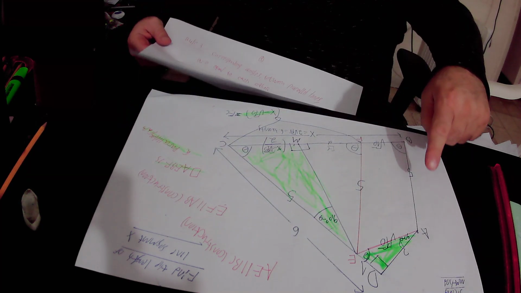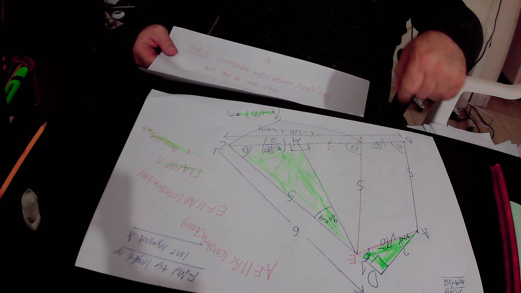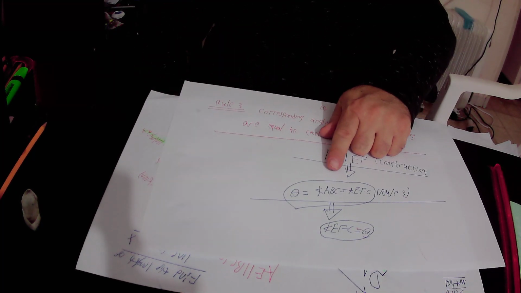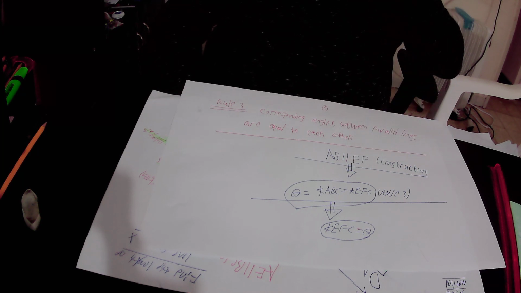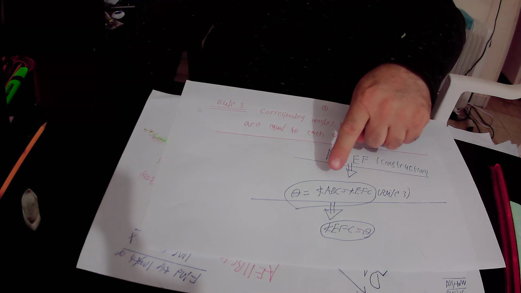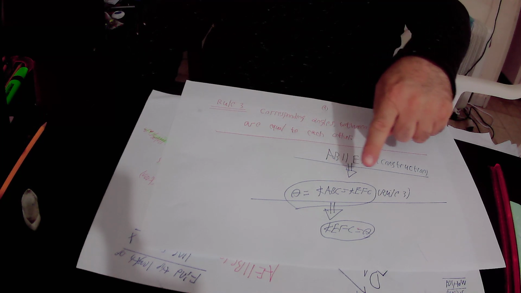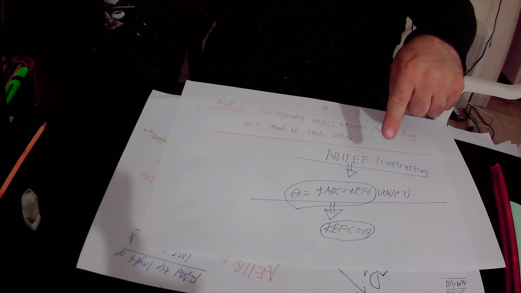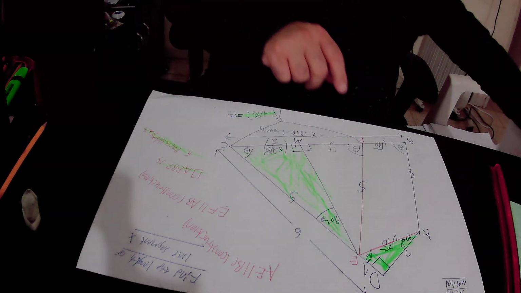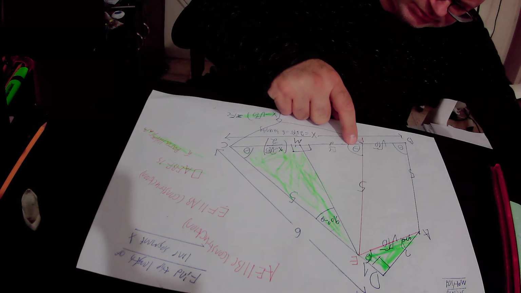But it is given in the question that angle ABC equals theta. So from this, angle ABC equals angle EFC, we derive that angle EFC is also equal to theta. So this angle EFC is also equal to theta.